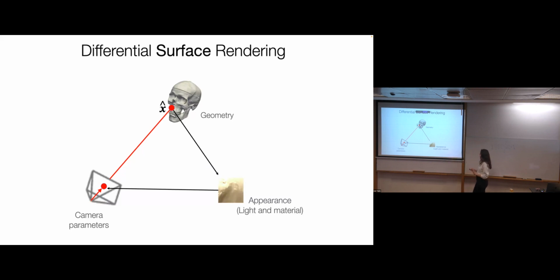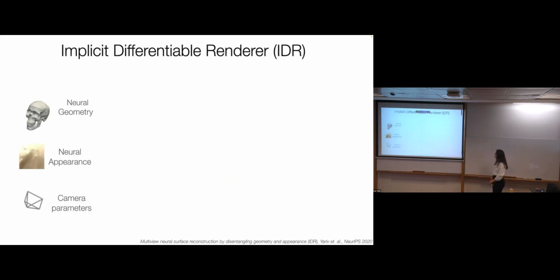Let's dive a bit more into the details. The paper that suggested this idea proposes an approach called implicit differentiable renderer, IDR, that is given a neural representation of the geometry, a neural representation of the appearance, and the ground truth camera parameters.